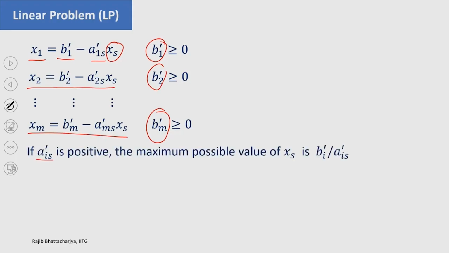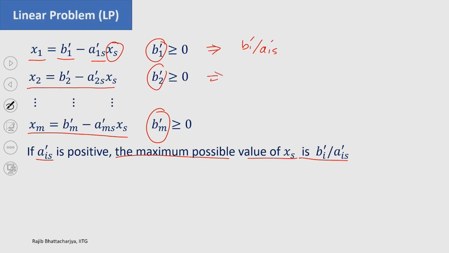Similarly, from x2 I can write it, and from xm I can write it like this. Now, if ais dash is positive, the maximum possible value of xs is bi dash by ais dash. So, what is the maximum possible value of xs? From the first equation, the maximum possible value of xs is b1 dash divided by a1s dash.